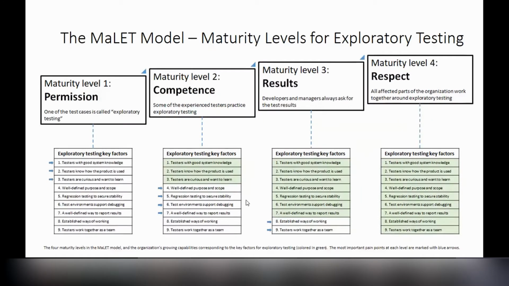To present this model, what we did, as we said, is observe the companies and construct this model, which includes 4 levels: permission, competence, results, and respect. The first level is permission. That means that either an empowered team or a manager in the organization introduces exploratory testing in the organization.